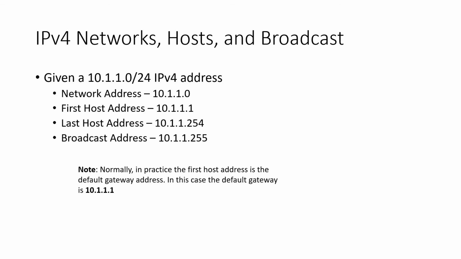Note that in practice the first host is normally the default gateway, and in this case the default gateway is 10.1.1.1. Majority of the time they use the first one as the gateway, the router IP, but sometimes they also use the last one. It depends on how the organization structures it.